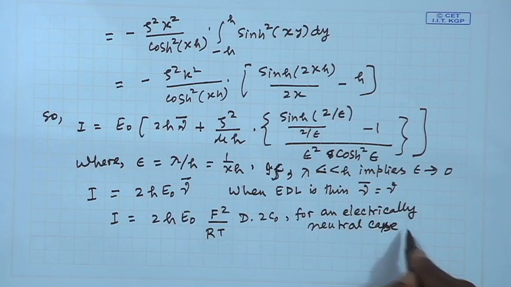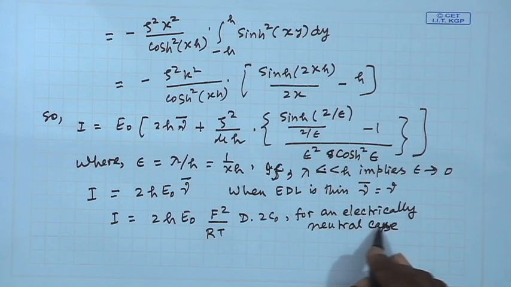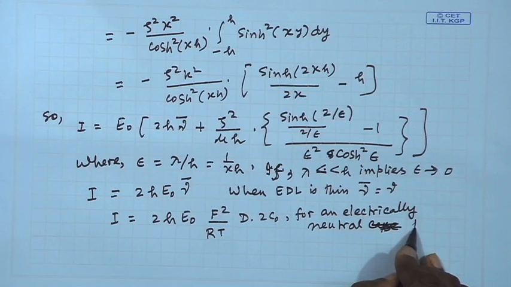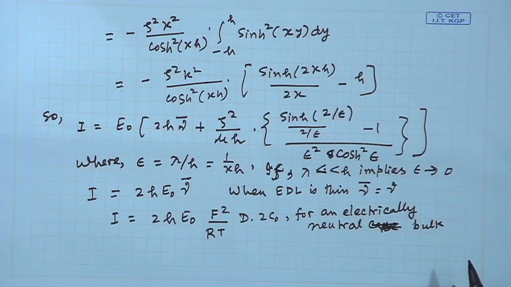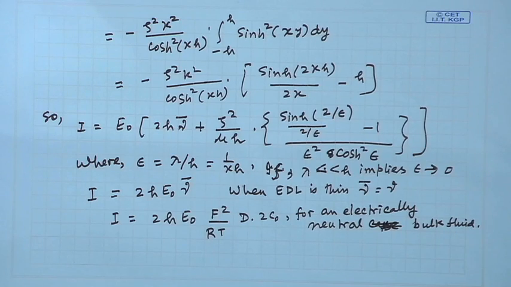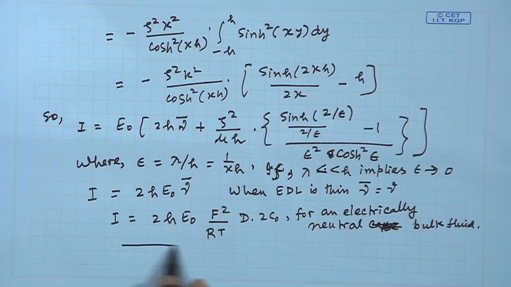That means in the electrically neutral bulk fluid or the core fluid. So that is normally the case if you have lambda many times less than h.